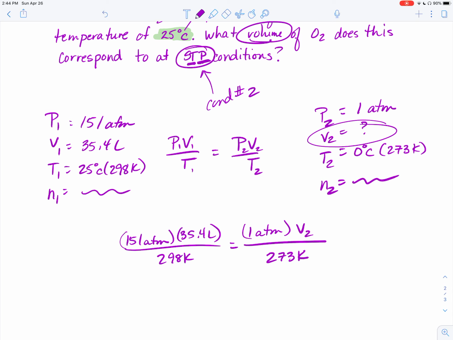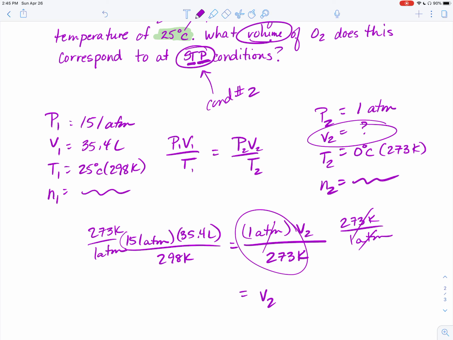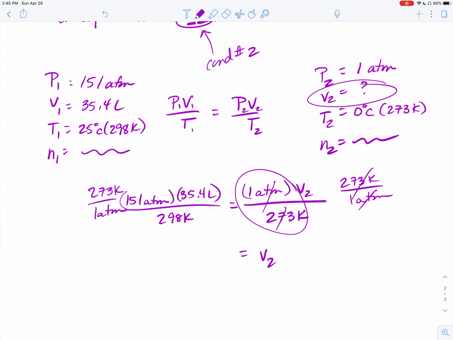We're going to solve for V2 by multiplying by the reciprocal of this information here, so 273 Kelvin by 1 atm on both sides. The atm cancel, Kelvin cancels, leaves you with volume, and that's what we want. On my calculator I get something like 4,896.9 liters, and we want to make sure that we write this with the appropriate significant digits.